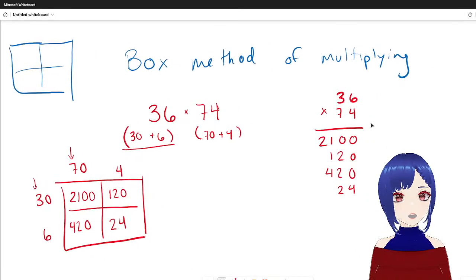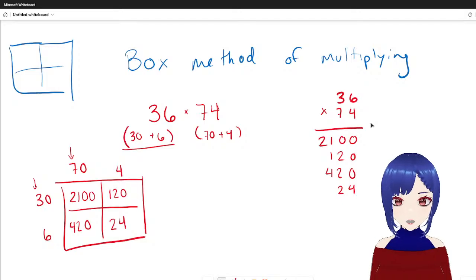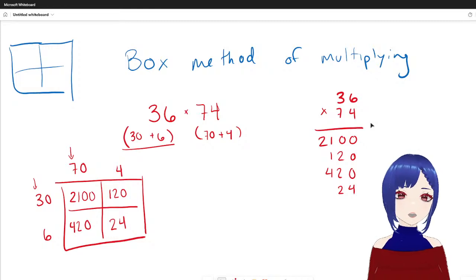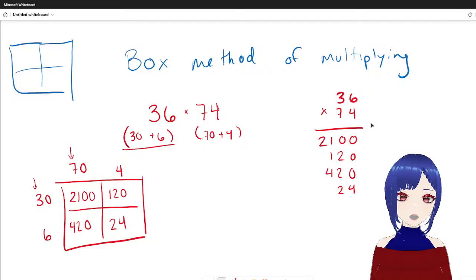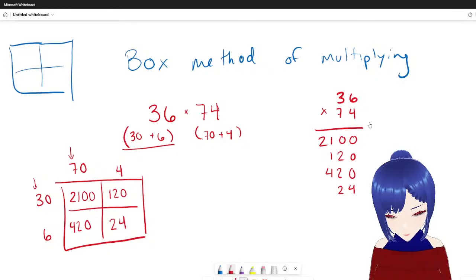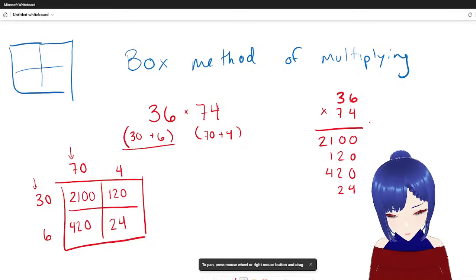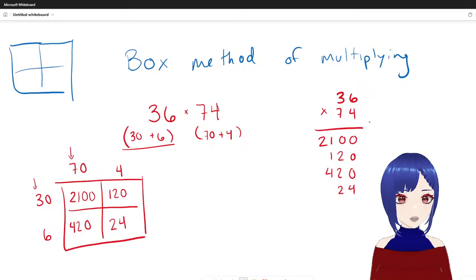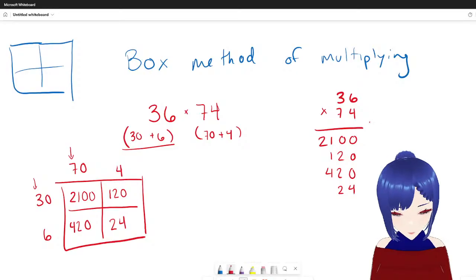You'll notice what we just did was the same exact thing that I did in the box method, but the box method just organized it in a more visual manner. So with some students, seeing this long string of numbers can make things a little more complicated.